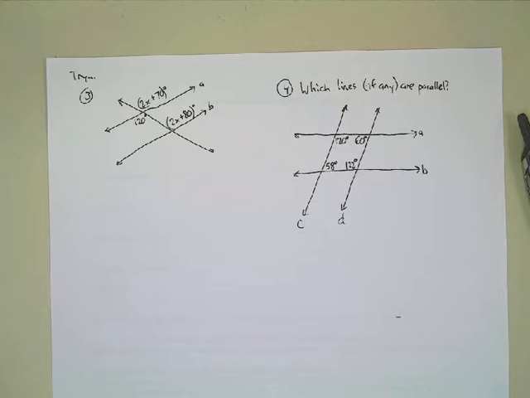A and B, which one are you looking at? Okay, fair enough. Right, so, but that's just like the ones that are next to each other. Right, you gotta look at like the corresponding, or alternate interior, or alternate exterior. For A and B? Okay, so what about for C and D then?